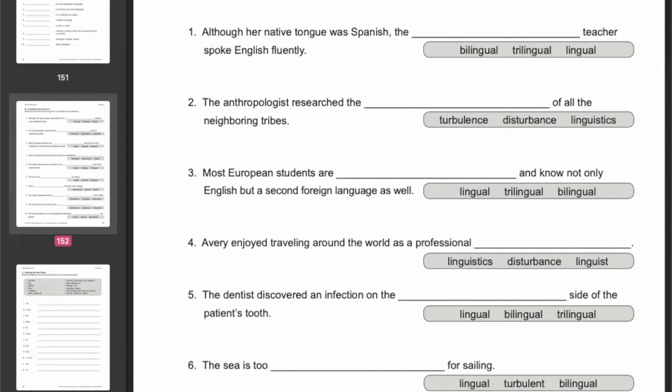So number 3, most European students are blank and not only know English but a second foreign language as well. So yeah, I think trilingual in this case, meaning that they know 2 other additional languages, which is very much the case in Europe, mainly because there are so many small countries close to one another in this area.